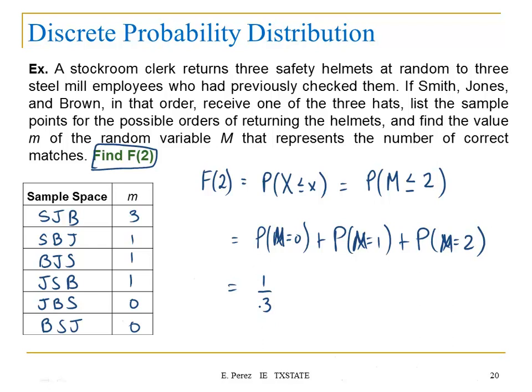M equals 1, 3 over 6. And M equals 2, 0. So this is equal to 5 over 6. Okay? That's the cumulative. You sum this amount and this amount because you're satisfying the constraint less than or equal to 2. So those values are 0, 1, and 2. 0, 1, there's no 2. Questions?